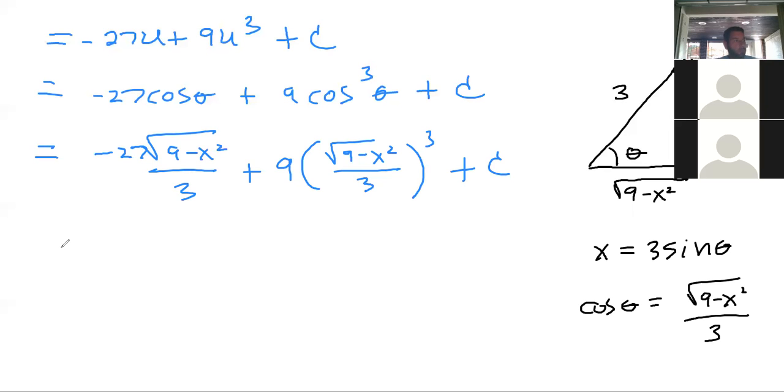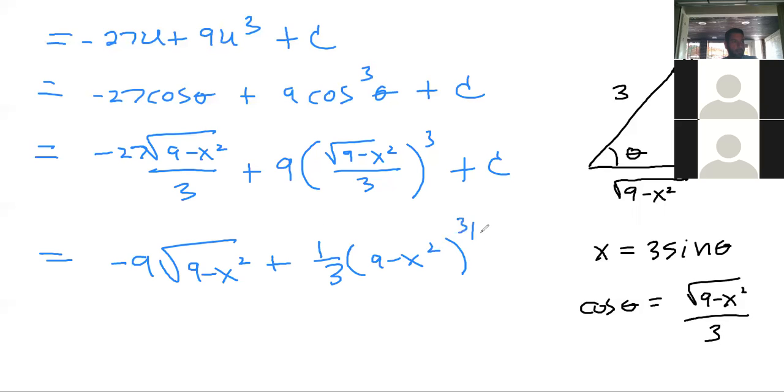Which we could clean up if we wanted. Negative 9 times this, and then 9 over 27 is the same as 1/3. You could write it like this if you wanted to clean it up.